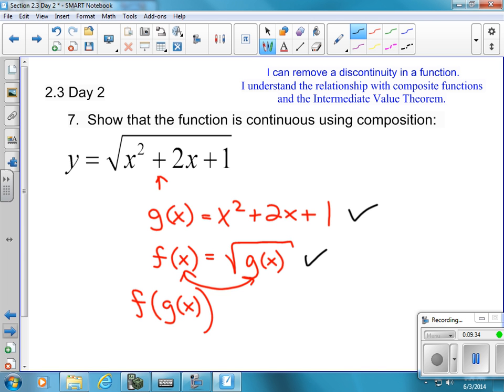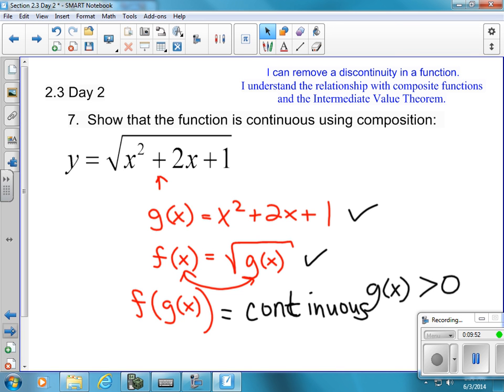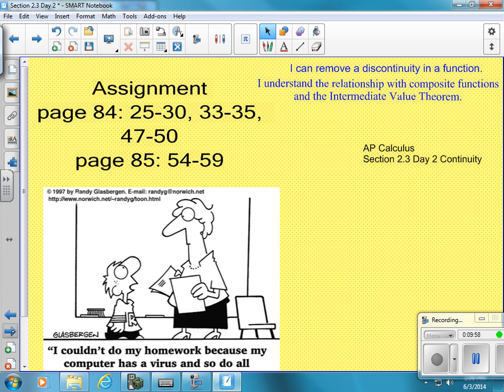This radical function is continuous as long as g of x is greater than 0, right? So therefore, f of g of x is continuous. And that's what they want us to do, is break it down into two functions and say that the composite is also continuous. And that's all we have.